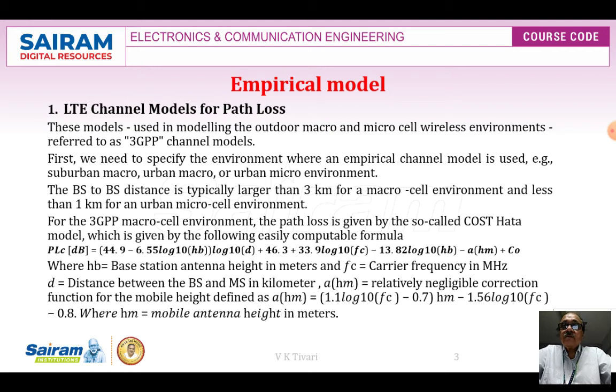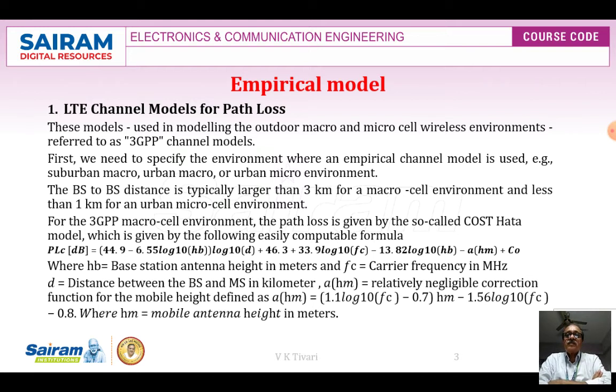These are the models used for path loss in modeling the outdoor macro and micro cell wireless environment. To improve the efficiency of system coverage areas of the service provider, in metropolitan city areas the cells are divided into micro cells to increase the channel capacity. That is referred to as the 3GPP channel models.